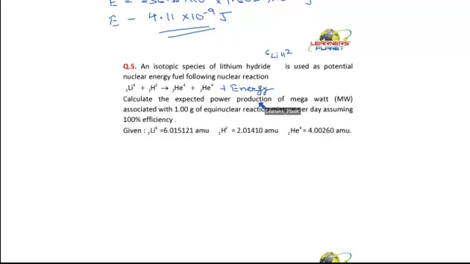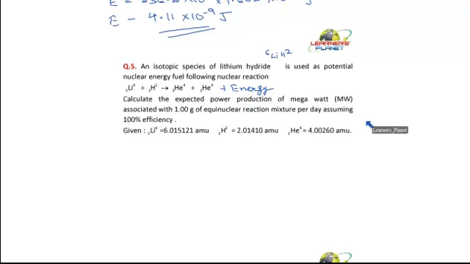Calculate the expected power production of megawatt associated with 1 gram of equinuclear mixture per day, assuming 100% efficiency. It means whatever energy is produced here is 100% converted to energy, right?